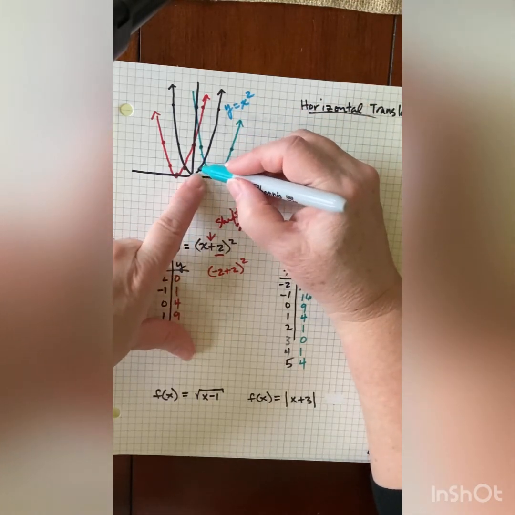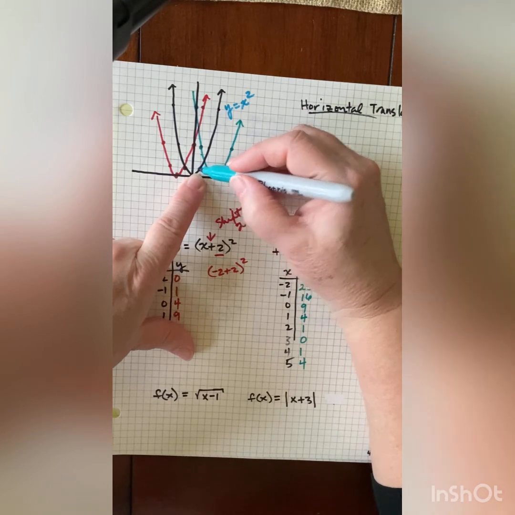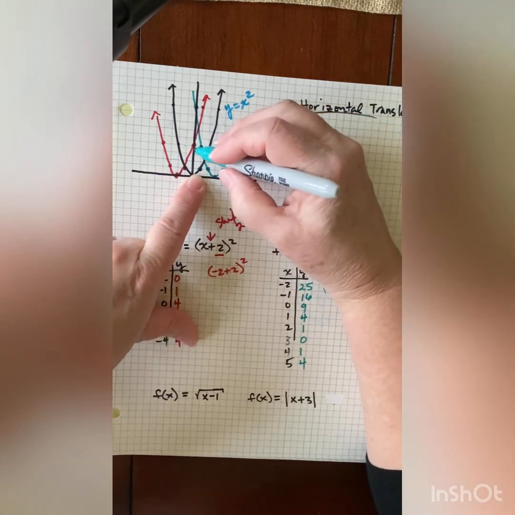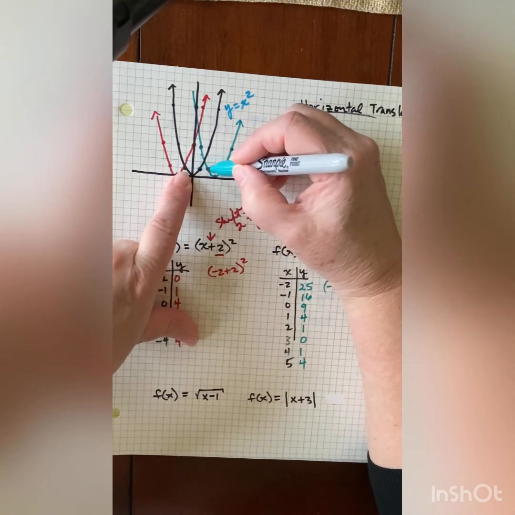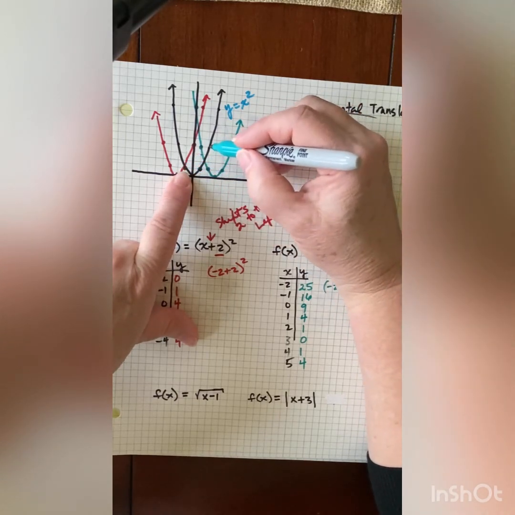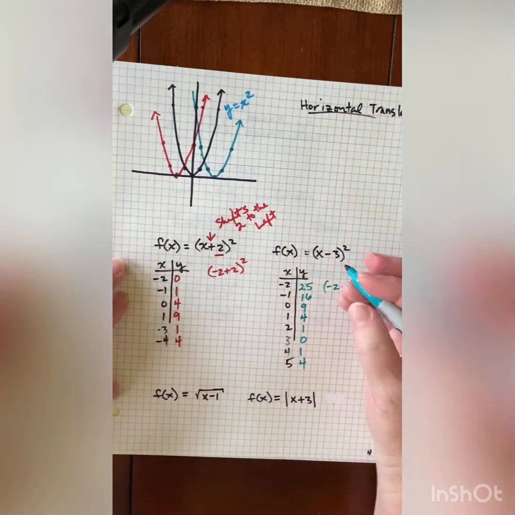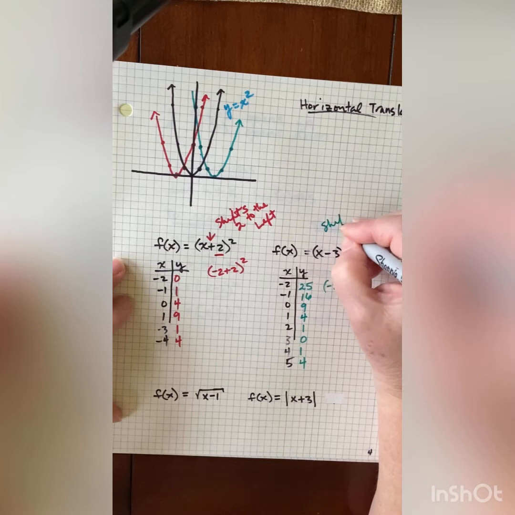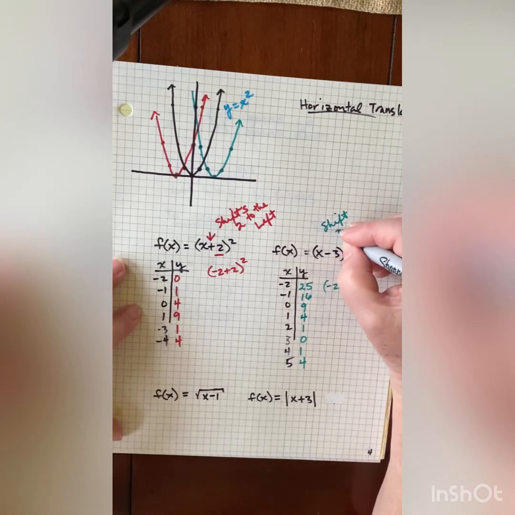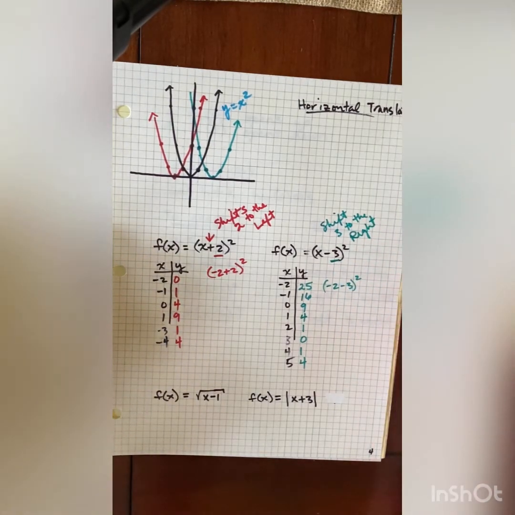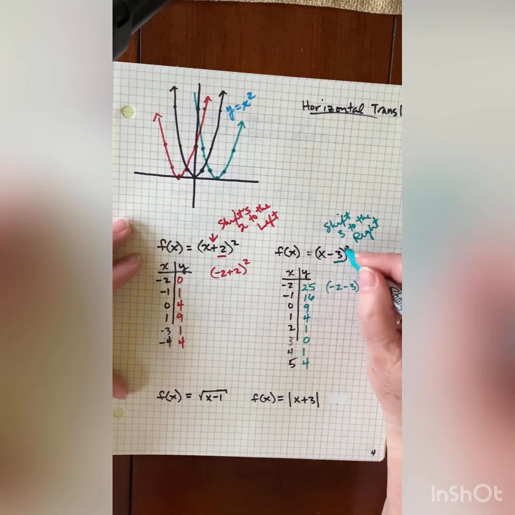So every one of these points here went over 3. So 1, 2, 3. Okay, this one here, 1, 2, 3, right there. So we're comparing it to the black one. So this one here, 1, 2, 3. So it shifts 3 to the right.